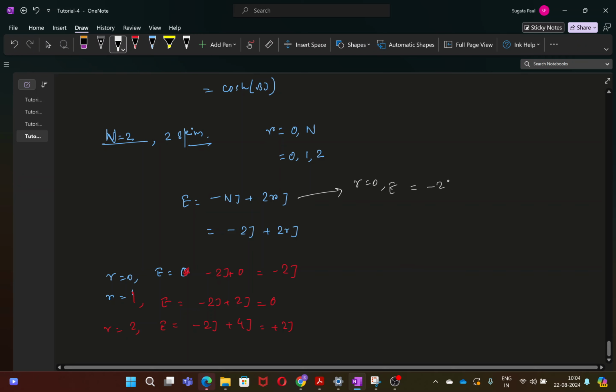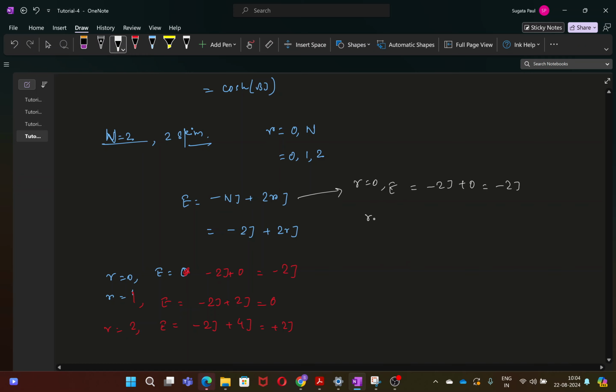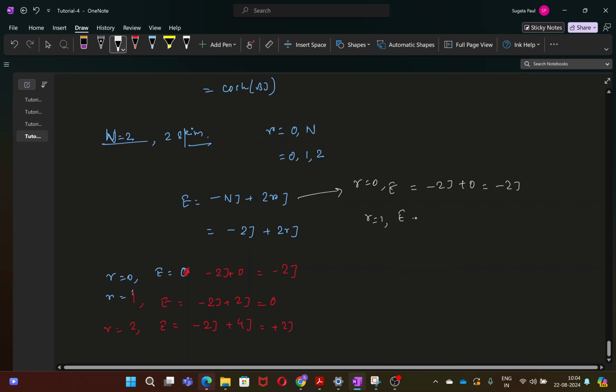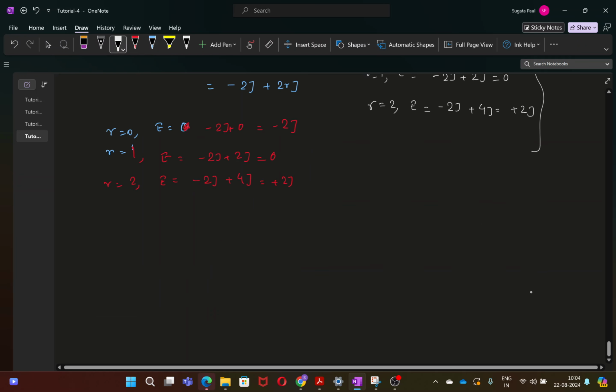This is minus 2j plus 0, which is simply minus 2j. For R equal to 1, plug in n equal to 2 and R equal to 1, which is 0. For R equal to 2, plug in n equal to 2 and R equal to 2, which is plus 2j. So these are the three possible energy values.